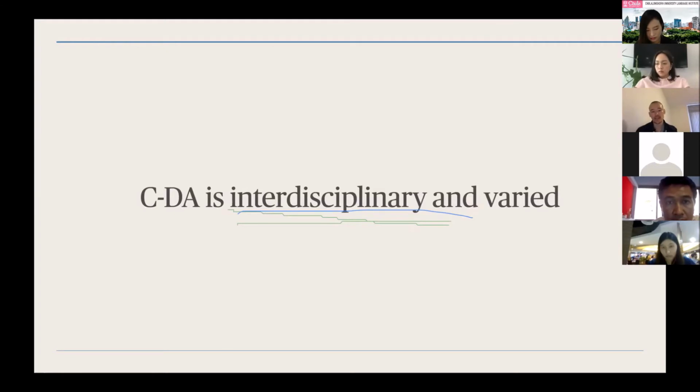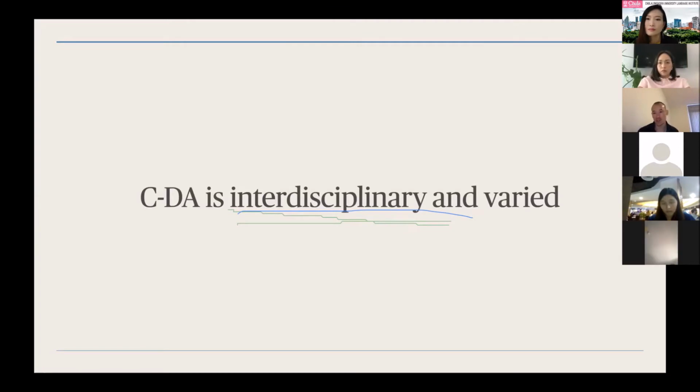So it's interdisciplinary in that when you look in the literature, classroom discourse research is often conducted by people working in psychology, education, applied linguistics, TESOL, English language teaching, anthropology, philosophy, a number of different fields and disciplines that are interested in what happens in the classroom, what happens discursively in the classroom.